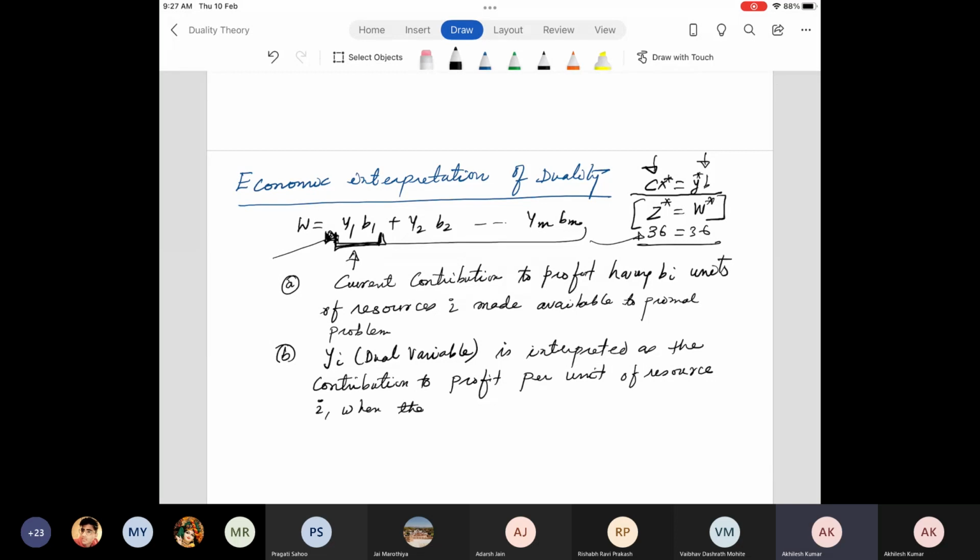Because of this line, it becomes very important for sensitivity analysis.